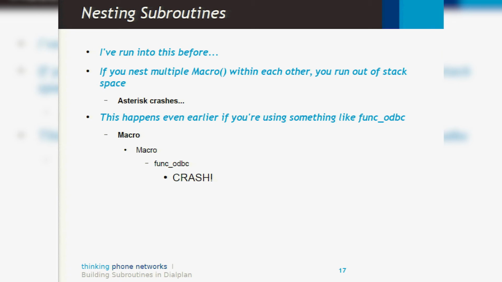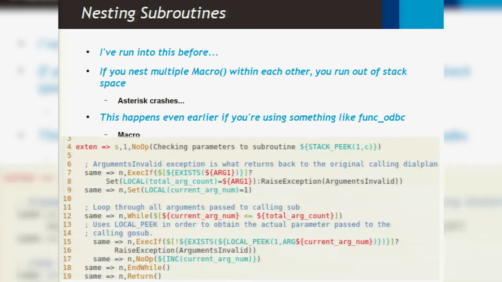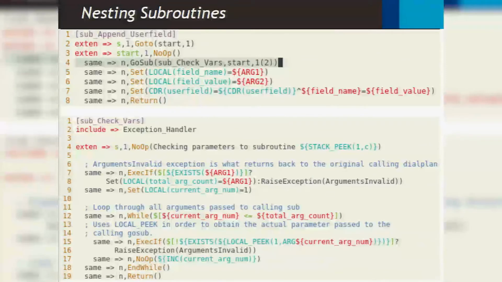So if you nest multiple macros, in this case 2, I call a macro, which calls another macro. And if that macro happens to be utilizing FunctoDBC to return information from a database, Asterisk will crash. So another great reason to be using Gosubs and subroutines in general, and to avoid macro.